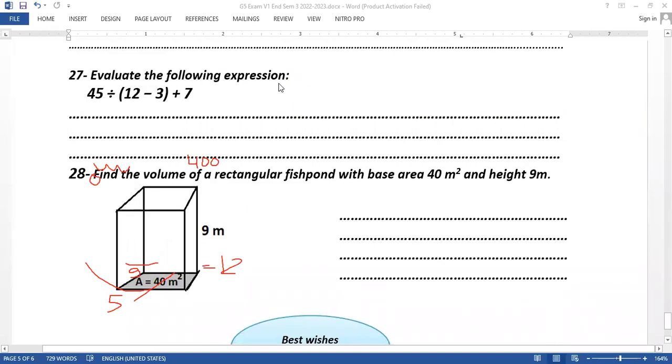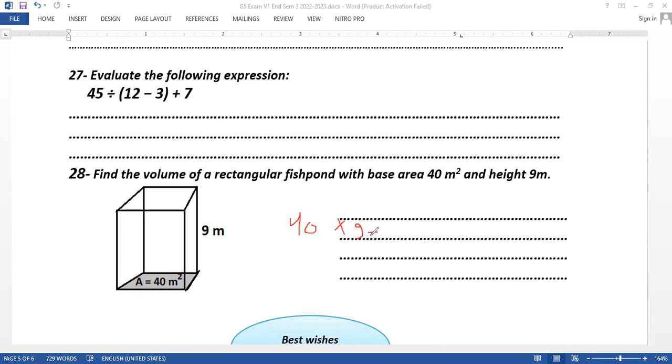Now last question. Find the volume of a rectangular fish pond with base area 40 and height 9. As I mentioned, the volume equals length times width times height, or area of the base times height. So 40 times 9.